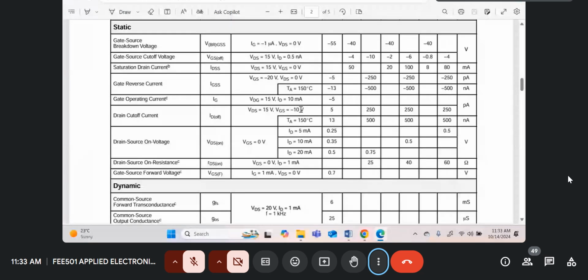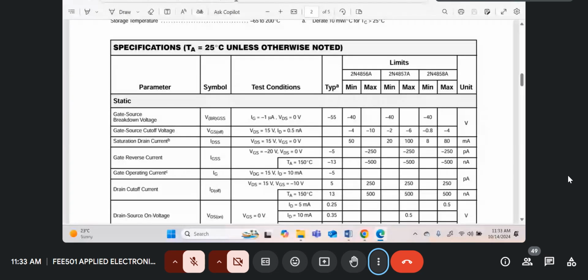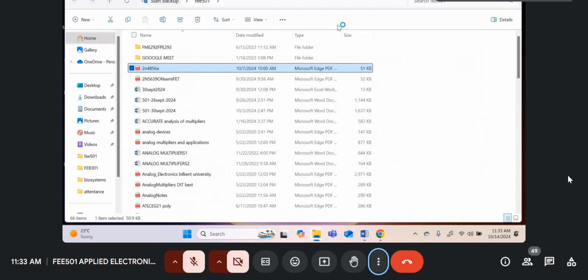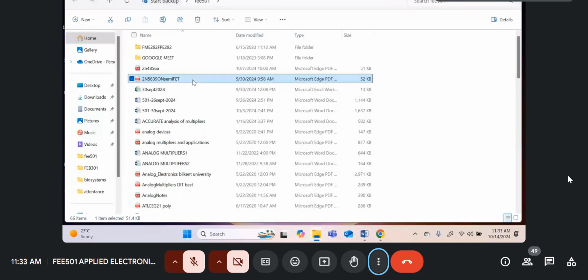But there's another one we saw which is quite sensitive. So anyway, that is for the design. Let's try the other transistor on semi.